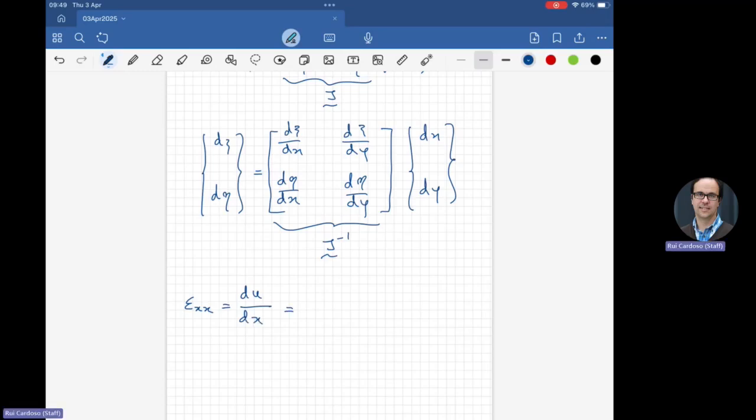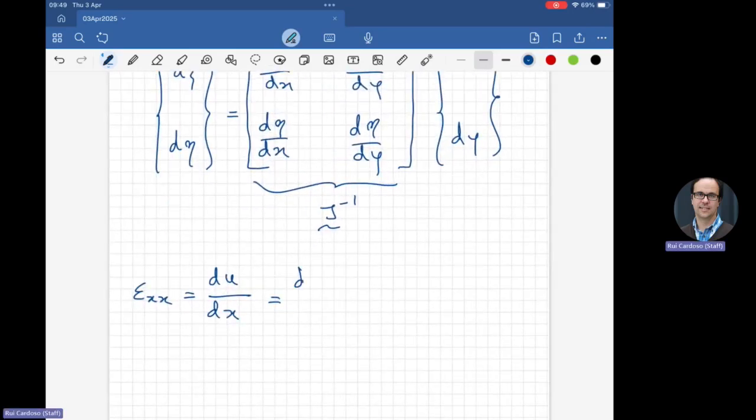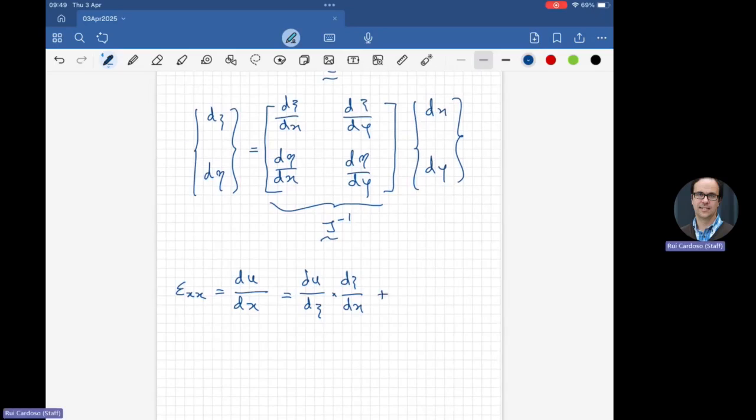And then this is going to be equal to applying the chain rule: the derivative of u in order to c times the derivative of c in order to x, plus the derivative of u in order to eta times the derivative of eta in order to x.